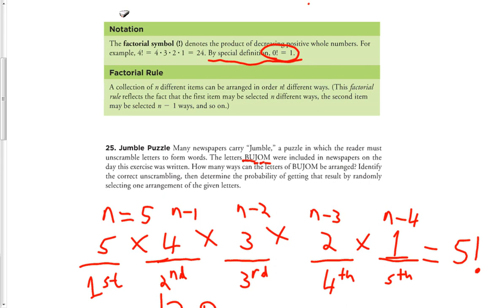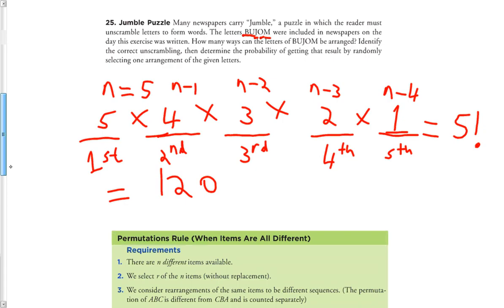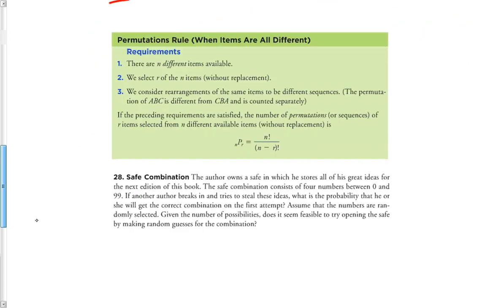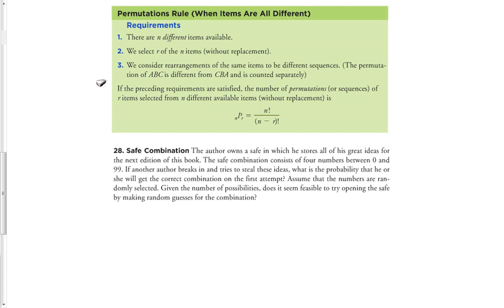We're making a selection from the n different items, but we're making n selections in total. So the number of selections is equal to the number of items to select from. In this case, the number of items to select from can be a larger number than the number of items that we actually select.